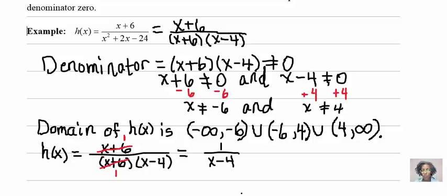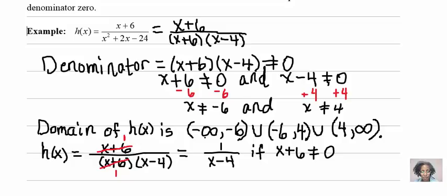And remember, I could only do that division if x plus 6 was not equal to 0, which basically means, as we found and as you see above, that x is not negative 6.